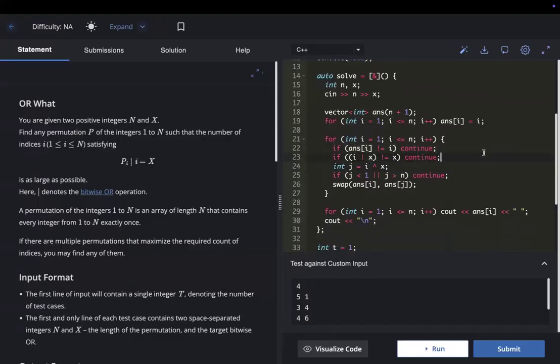For the cases where answer I is not equal to I, it means that it has already been swapped, so I'm skipping it. For the cases where I or X is not equal to X, it means I is not a submask of X, so just continue. Otherwise, I will find out the perfect partner for the index I and make a swap with it. And at the end, I will print my answer.